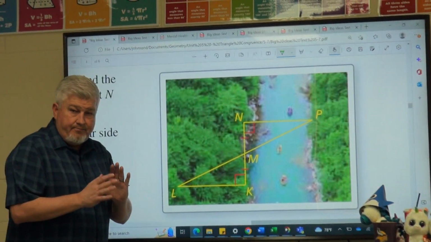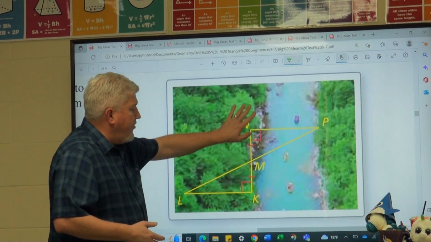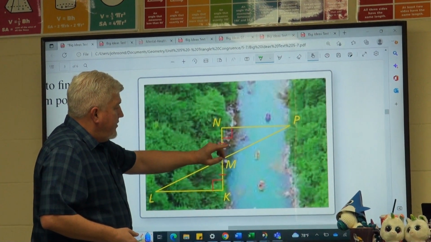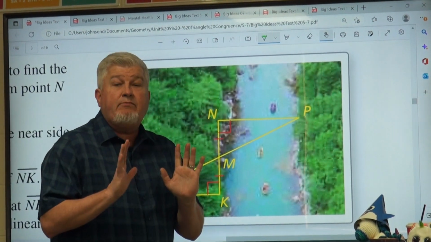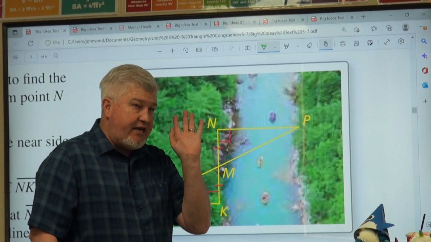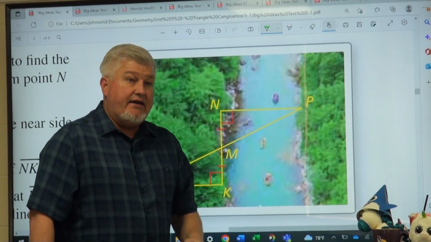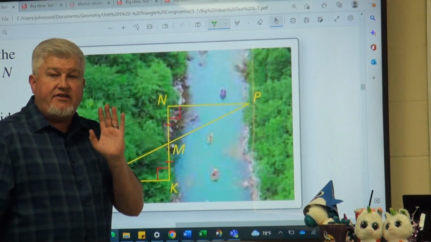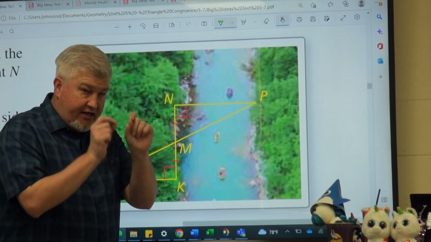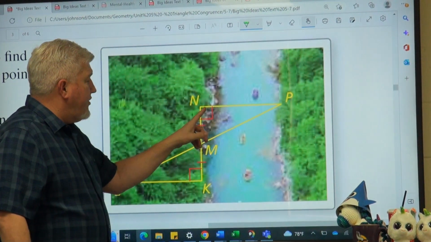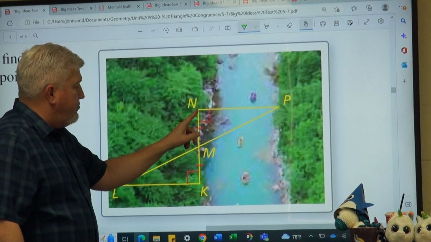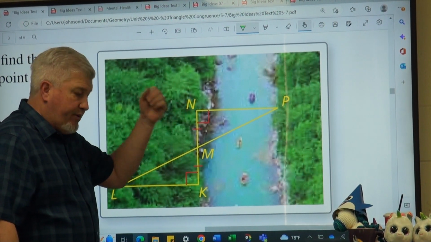So here's what you do. You're on this side of the river. You find a point across the river on the other side, some landmark, something that stands out that you can see, a giant tree, a telephone pole, whatever it is, but something distinguished that you can keep your eye on. You come directly across from that on this side of the river and you plant a stake at N. You put a stake in the ground.